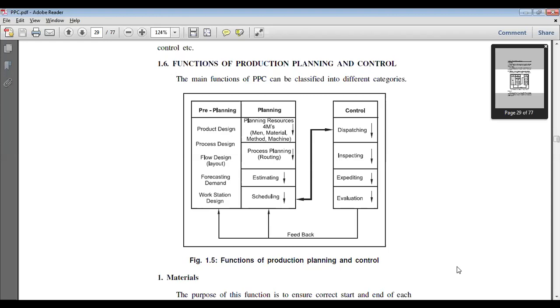So this will not only harm the profitability of the manufacturing facility company, at the same time it will also harm the reputation.